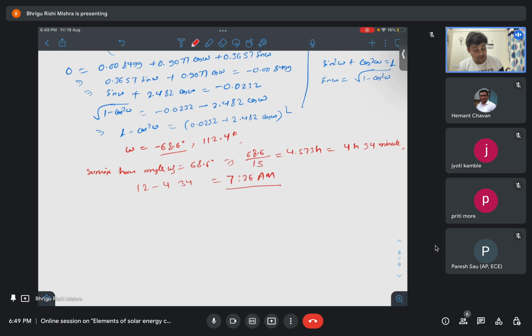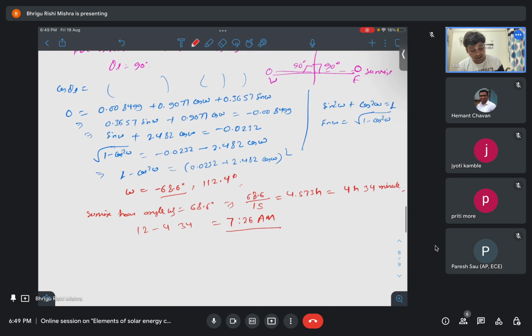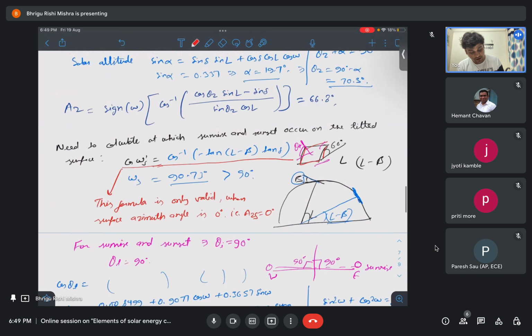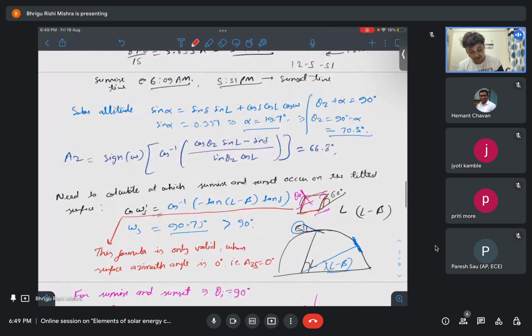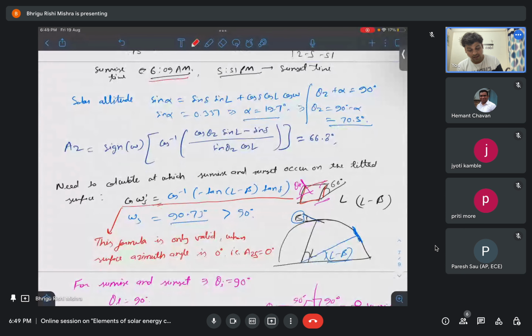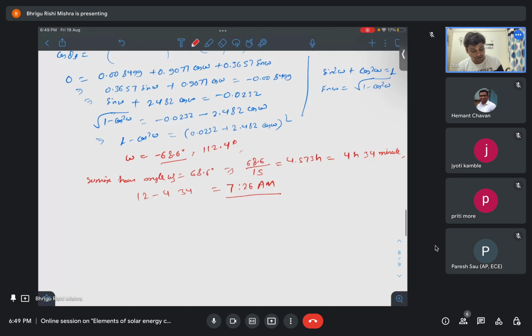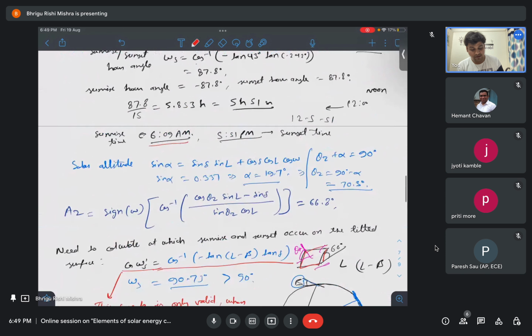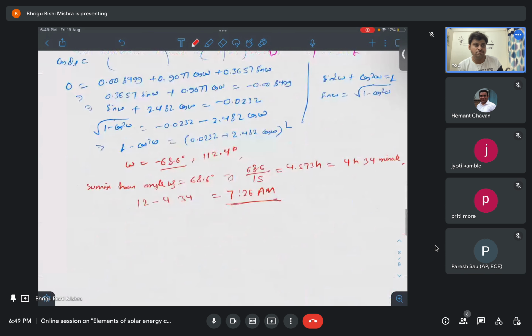That means at this time sun rays will make a 90-degree angle with the normal of the surface. And the sunrise time for the horizontal surface, the flat surface earth, is 6:09 am. So you can see there is a lot of difference between the sunrise time of the horizontal plane and the tilted surface, where the tilt angle is 60 degrees.